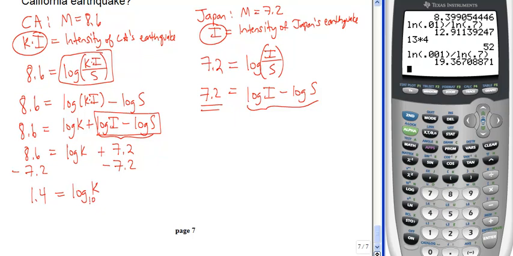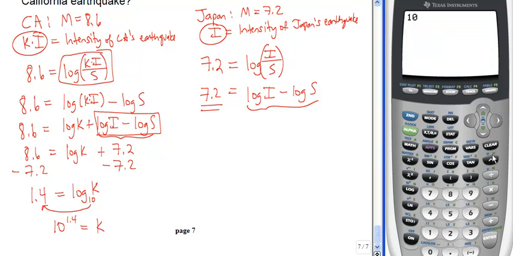So we can rewrite this as 10 raised to the 1.4 equals K. And if we go to our calculator and do 10 raised to the 1.4, we get about 25, and I'm just going to round that off. So this is about 25.